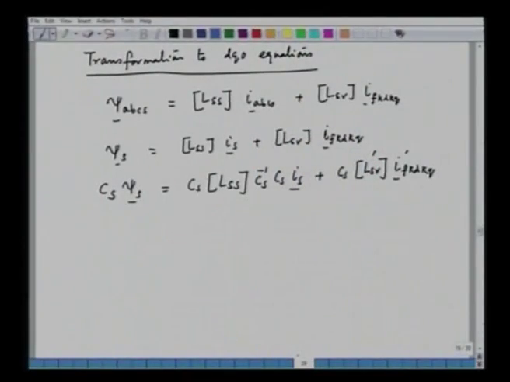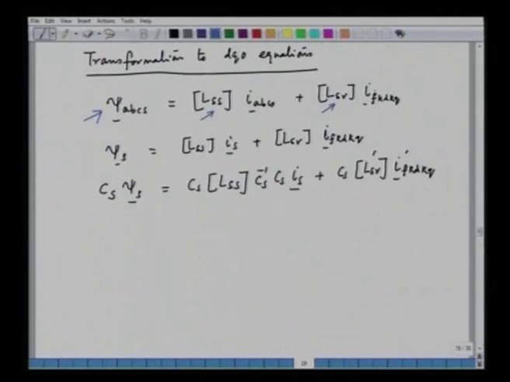So, this is what we have here, that the flux linkage in this case is psi ABCS, and if you have the flux linkage in the stator, that is contributed by the stator self flux LSS into I ABCS plus the contribution from the rotor side. So, this is LSR. LSR we have already evaluated in terms of the various inductances. So, if we put those inductances, that will be LSR, and then we have the rotor currents.